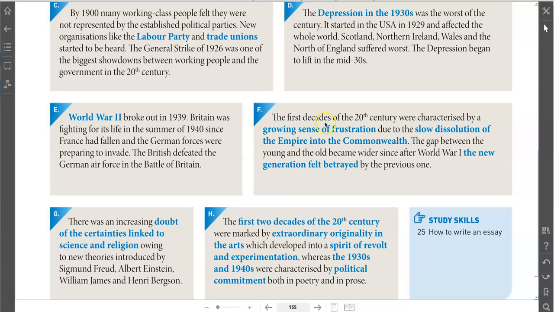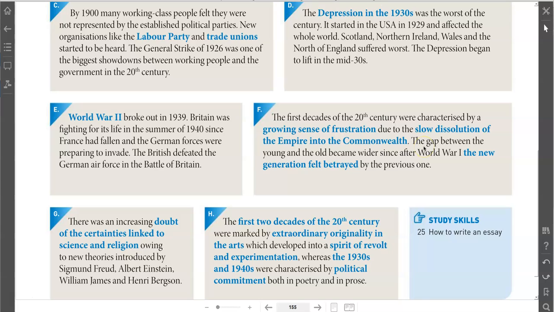The first decades of the 20th century were characterized by a growing sense of frustration due to the slow dissolution of the empire, which later became the Commonwealth. But we also have a slow dissolution of all the certainties and of the old values.